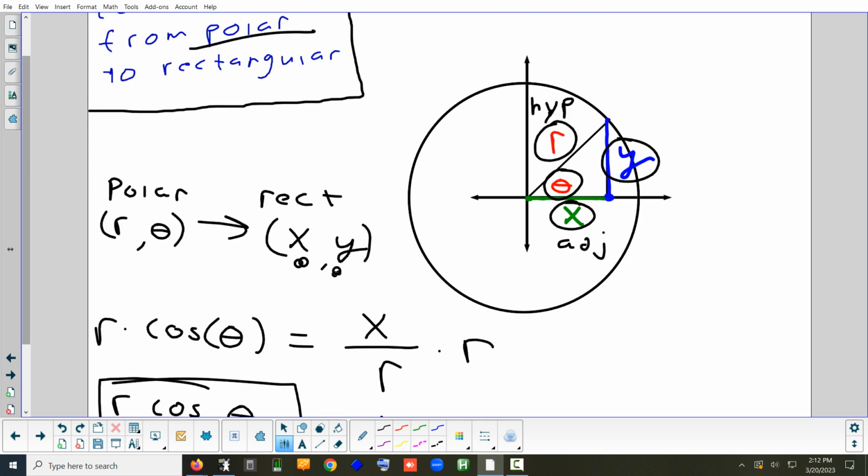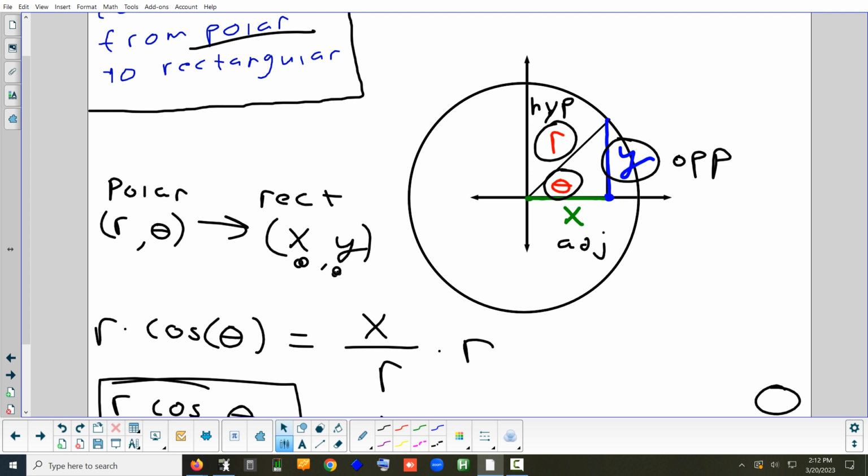And now we need to get the y. Okay, what position is that in? It's the opposite. Okay, so again, focus on what is circled. They're going to give you the r, they're going to give you the theta, and you're going to find the y. So what trig function involves opposite and hypotenuse?